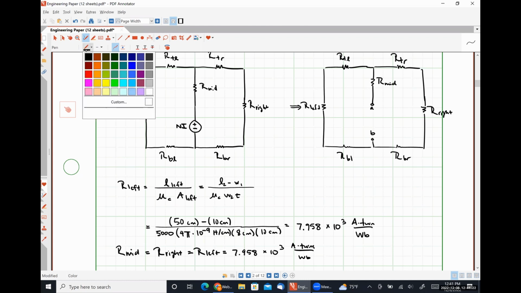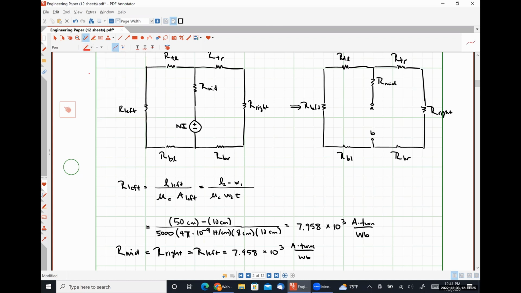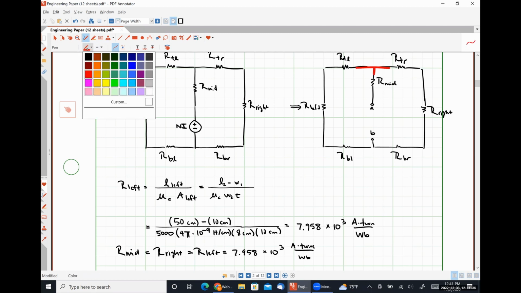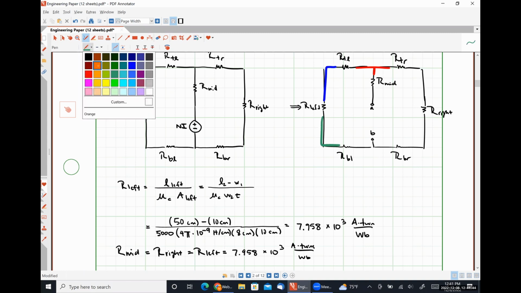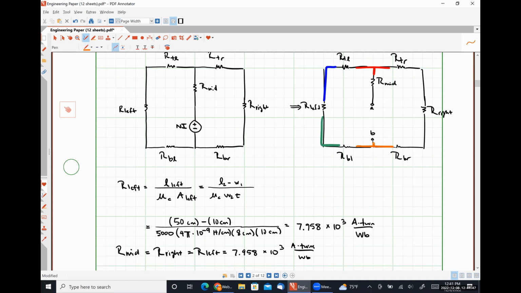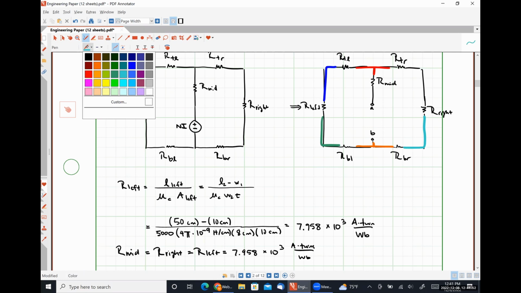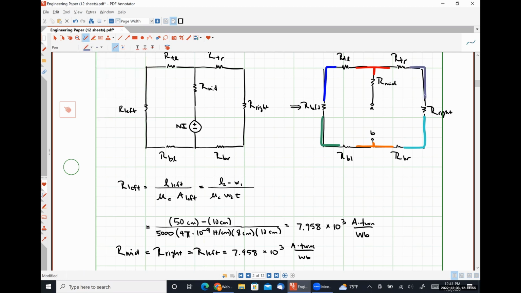So let's look at a couple of things here real quick, right? You guys know how to identify nodes and all that kind of good stuff. So we could call this a node, this a node, this a node, this a node, this a node, this a node, and this a node, right?